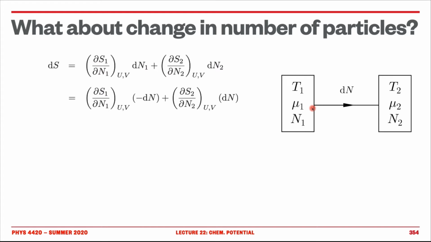We are going to change the number of particles so that things are again along the same direction. If dN is a positive number, in other words, if it goes that way, that means we have a reduction of the number of particles in this reservoir. So dN1 is minus dN, and of course dN2 is equal to dN. The number of particles that are added here is dN.